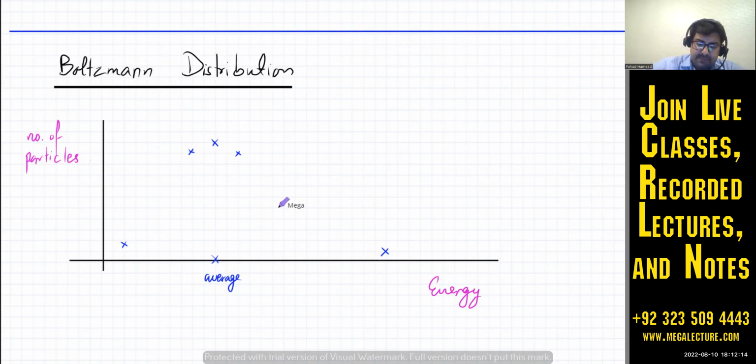So the Boltzmann distribution is a skewed distribution that looks like this, and it tapers off on one side. That's what the Boltzmann distribution looks like.